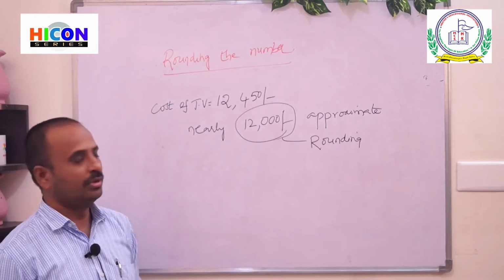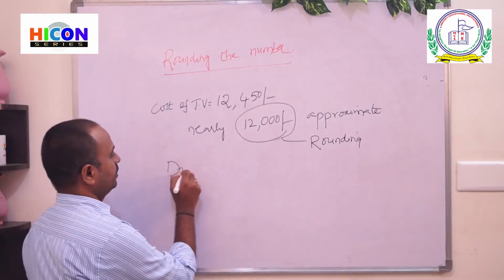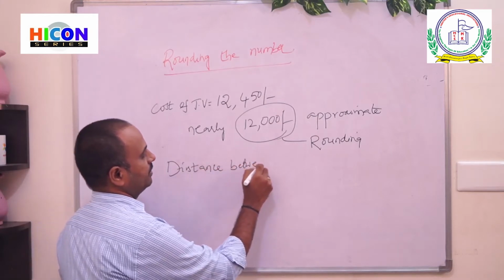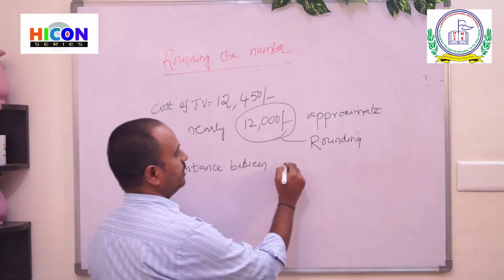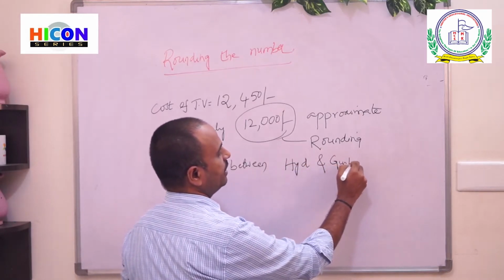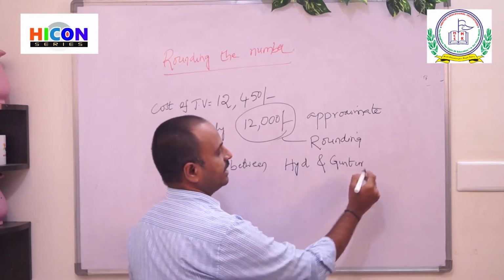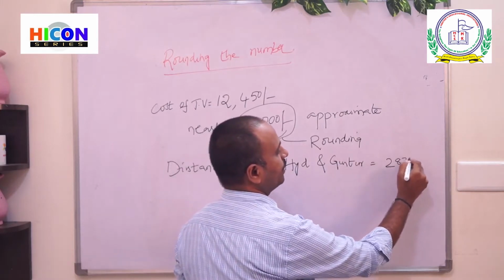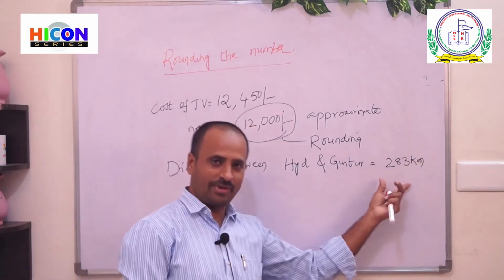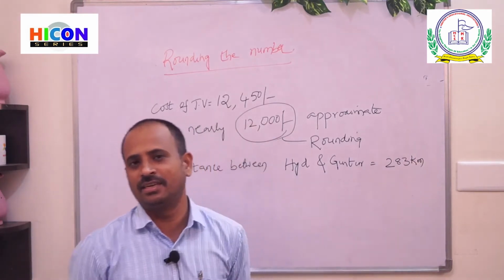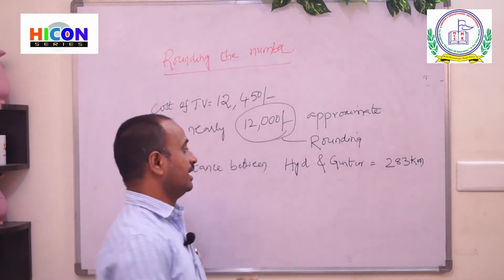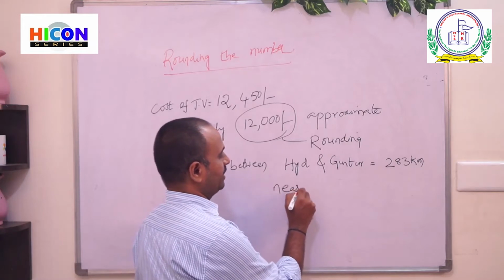So for example, the distance between Hyderabad and Guntur is exactly 283 kilometers. And if we don't remember this exact value, then we will say that the distance between Hyderabad and Guntur is nearly 300 kilometers.